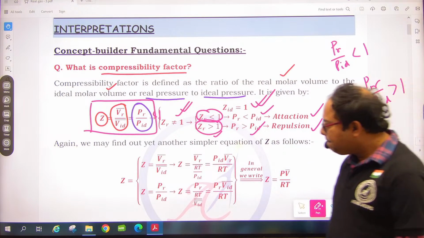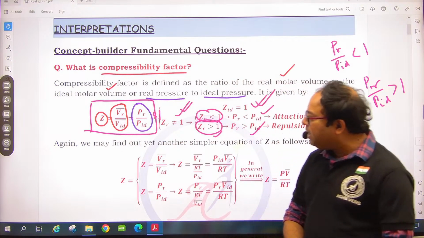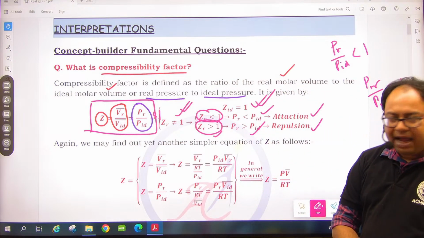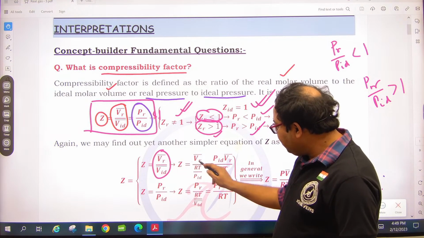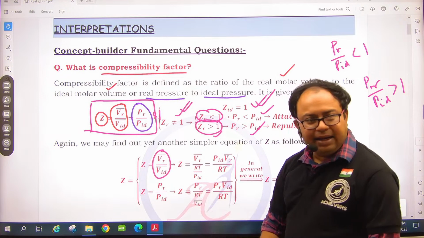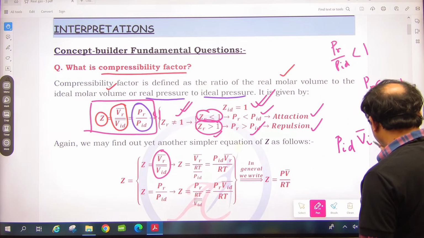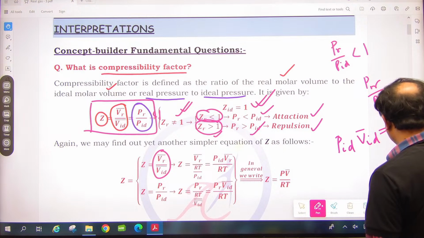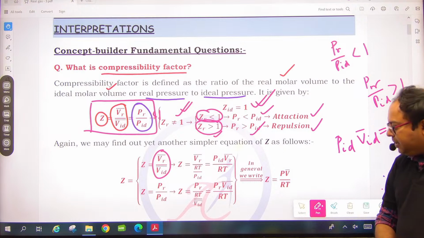So, defining Z in terms of V bar real by V bar ideal, you have Z equal to V bar real divided by V bar ideal, and we already know that P ideal multiplied by V bar ideal equals RT. So V bar ideal is nothing but RT by P ideal.